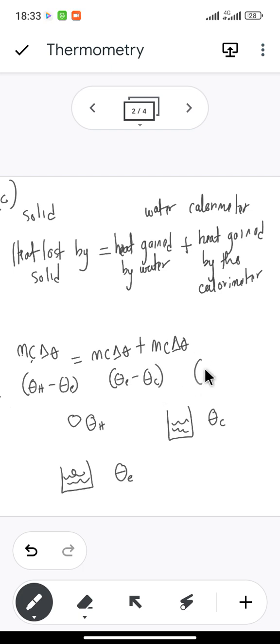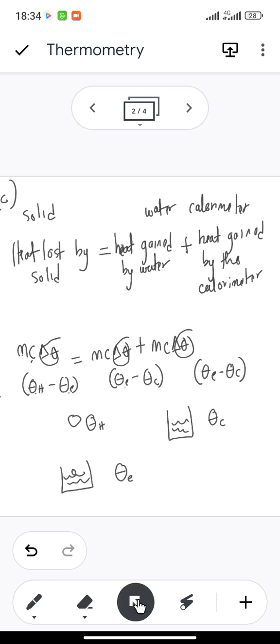This thing, same thing, equilibrium temperature minus theta cold, because they gained. That's the only difference, you understand? When you substitute for this change in theta, for this one, it's going to be theta hot minus equilibrium. This is equilibrium minus theta cold, equilibrium minus theta cold. Do you understand? Now, both the water and the calorimeter will have the same temperature. Don't worry, we're going to solve a question and you'll see what I'm talking about.